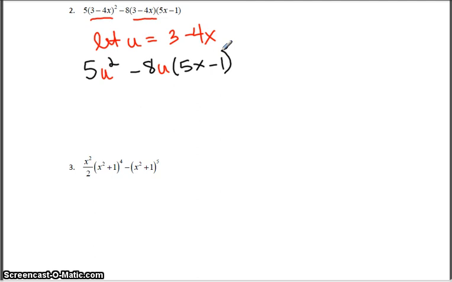Now we need to distribute the negative 8U. So that will give us 5U squared minus 40Ux plus 8U.